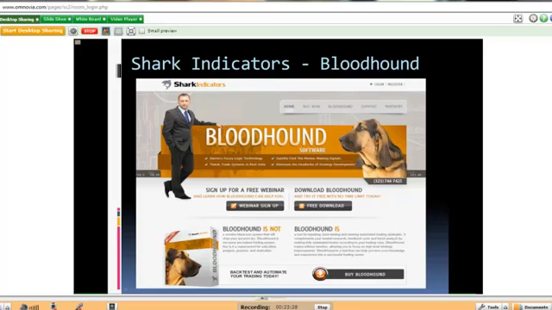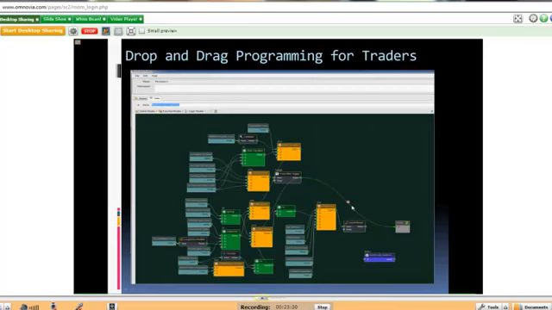And just to kind of give you a little bit of an idea of some of the work that we've done with Jeremy and his group at Shark Indicators on the Bloodhound, we've taken all of our indicators and we've written 4 basic rules.